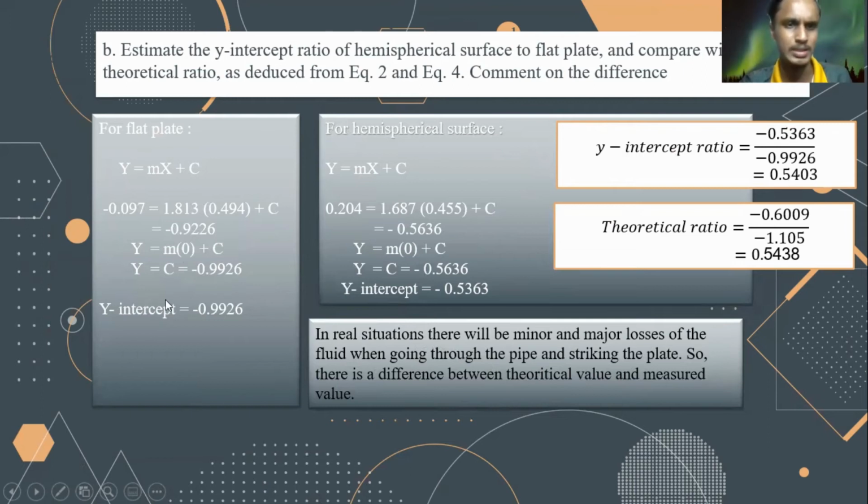For the hemispherical surface, the y-intercept is negative 0.5363. So as we calculate, the y-intercept ratio is 0.5408.